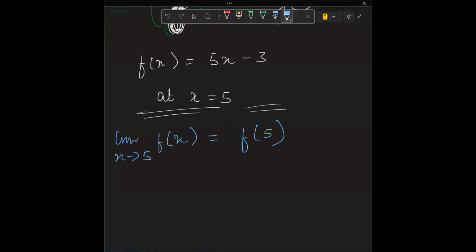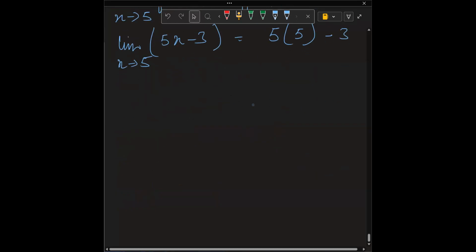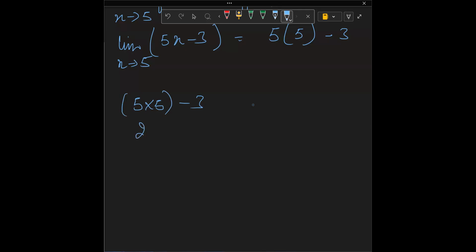So its value will be the limit as x tends to 5 of 5x minus 3. Put 5 in, so 5 times 5 minus 3, that means 25 minus 3, that is 22.